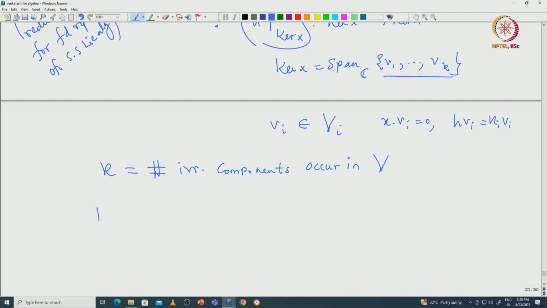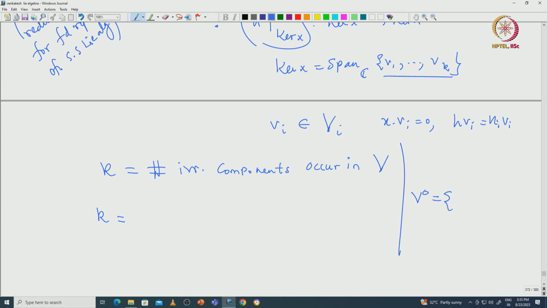So, what is that formula? You can easily see that this K has to be the dimension of this V naught plus V 1. Okay. So, what is that? Let me call it V 0 like this.